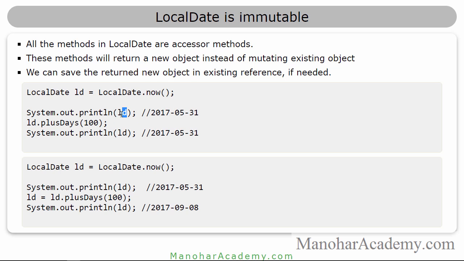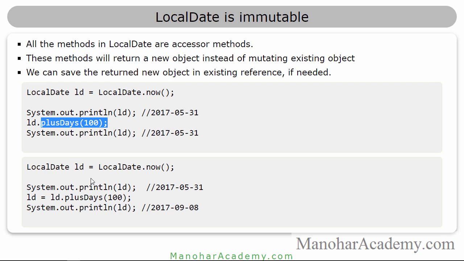Whatever object this particular reference variable is pointing to, that won't be modified. Instead, a new object will be created and returned. But because we are not assigning that new object anywhere, the object will be lost. So if we print it now, again we are going to get May 31st, because this method is an accessor method. It's not a mutator method.